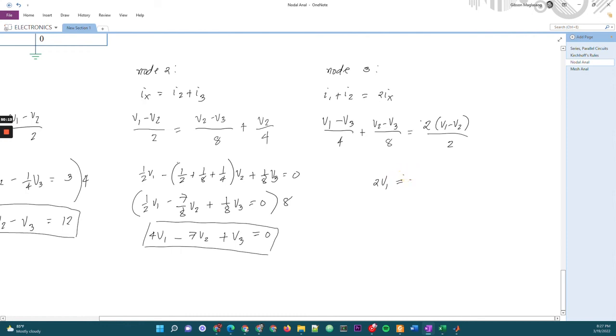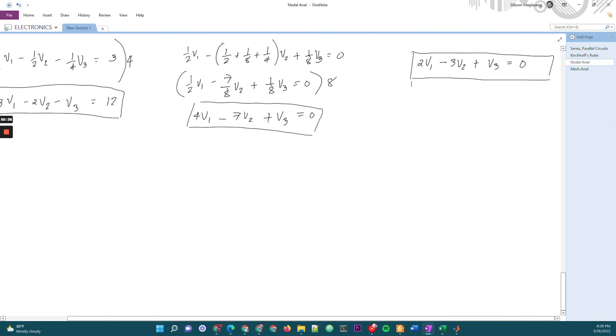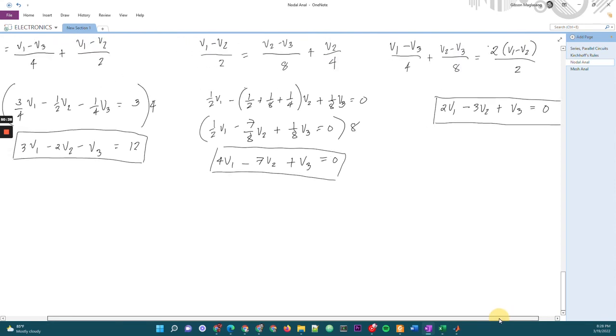So, naa tay tulo ka equations. Our goal is to determine V1, V2, and V3, and then maka-determine pud ta sa currents I1, I2, and I3.